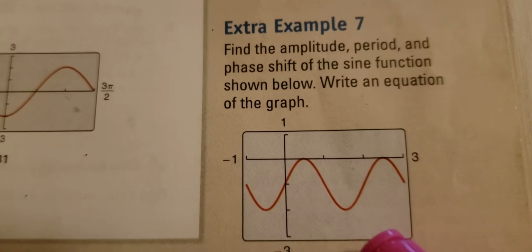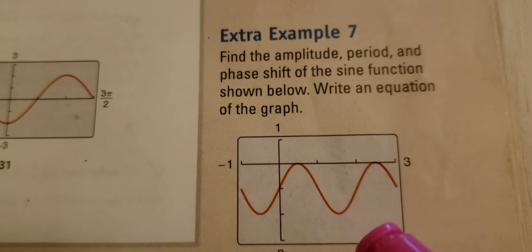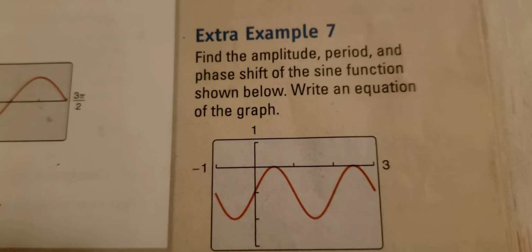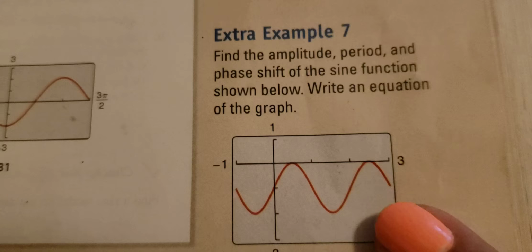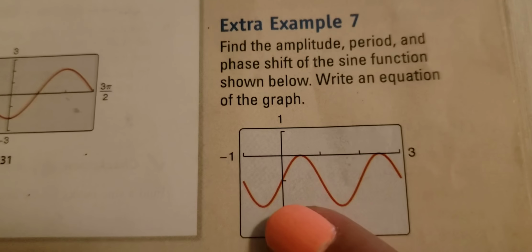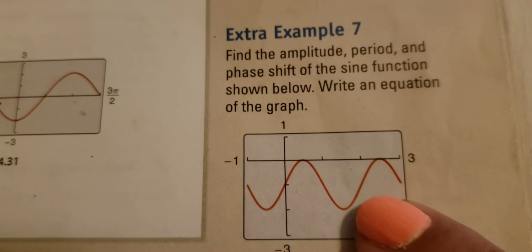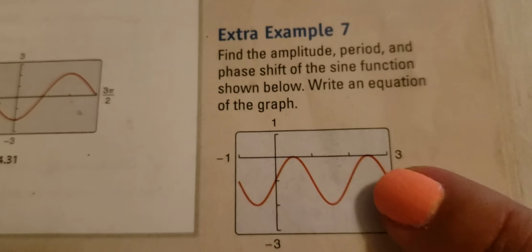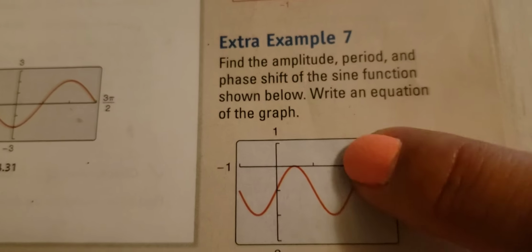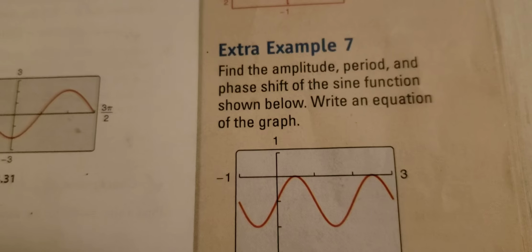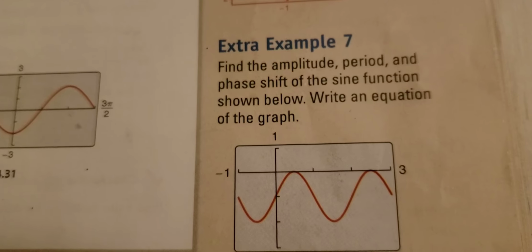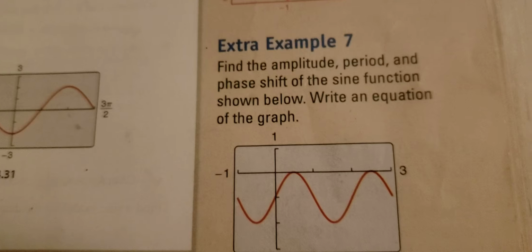They're giving us 2 cycles, but technically we just want 1 cycle. So we'll start at 0, and then we want max, and then down min, and so it actually ends at 2. So your period is actually 2.